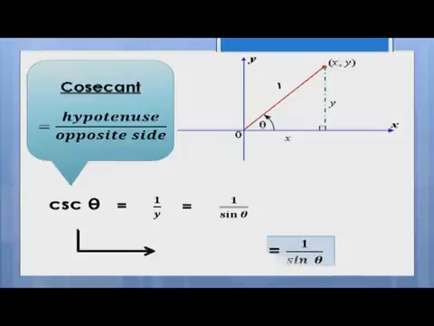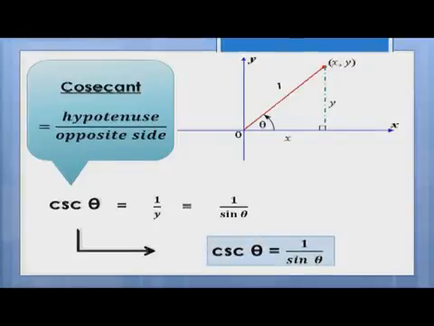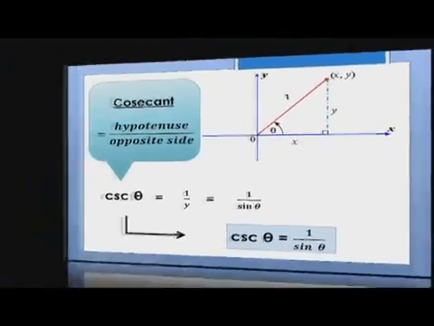The hypotenuse is equal to 1 and the opposite side is equal to y. That's why it's 1 over y. Then, because y is equal to sine theta, we can say that cosecant theta is equal to 1 over sine theta.